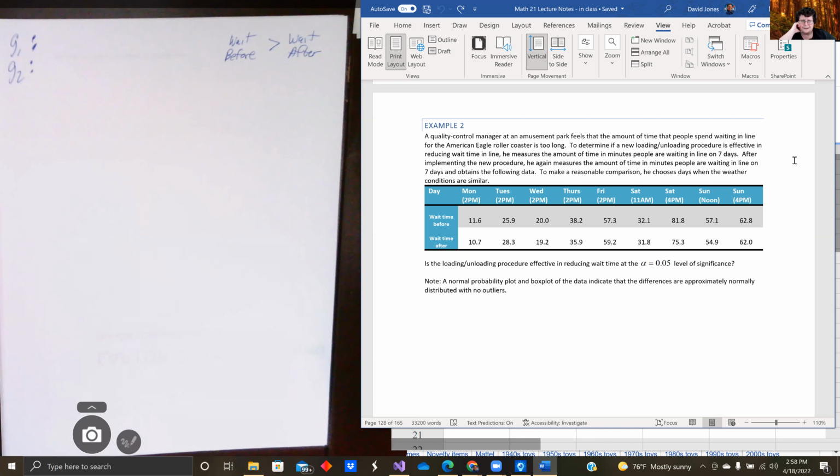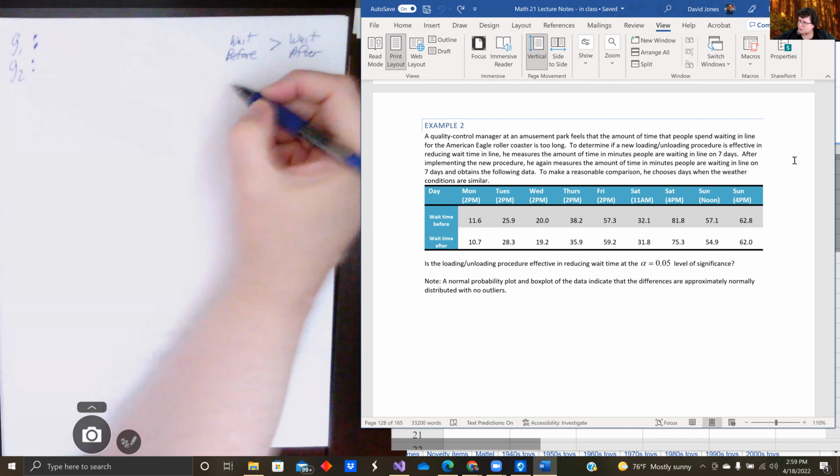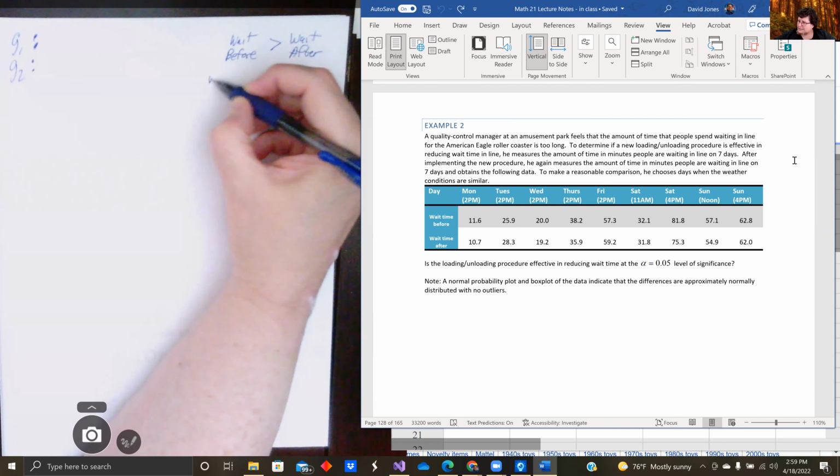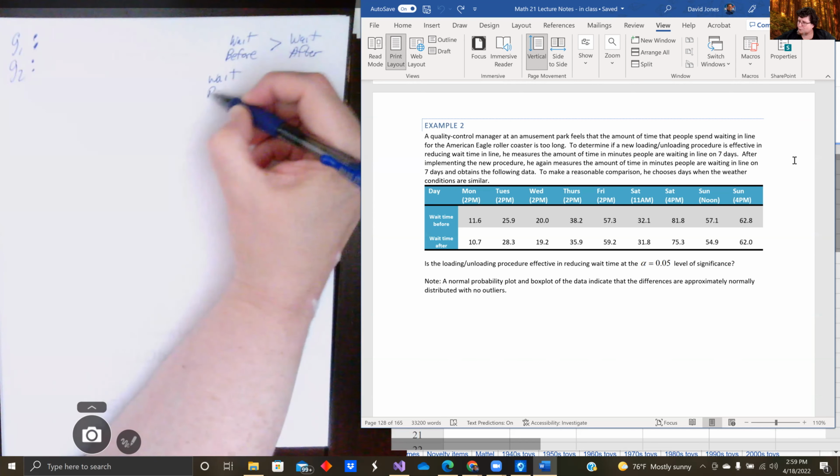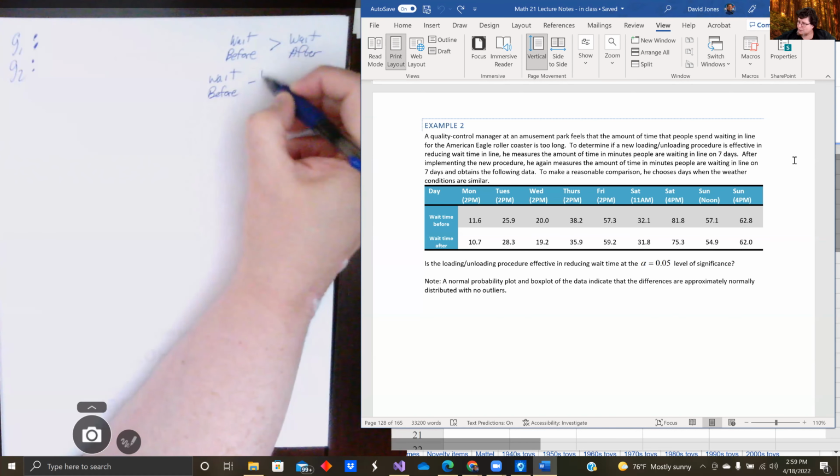So if they had to wait 10 minutes before, if the line is good at reducing wait time, it should be less than 10 minutes. So like the after wait should be lower. So if I subtract one over to get it on the same side, so I can do wait before minus wait after is greater than 0.